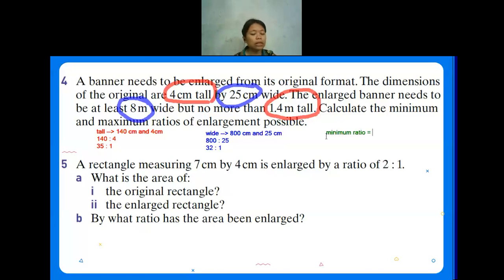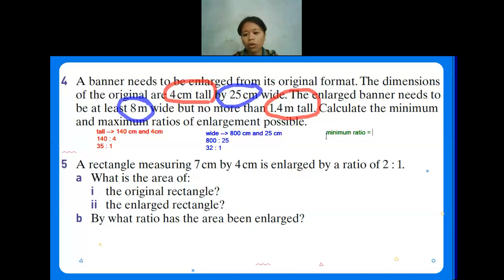Because the question is asking, calculate the minimum and maximum ratios for the enlargement possible. So what is the minimum ratio? The 32 to 1 or 35 to 1?